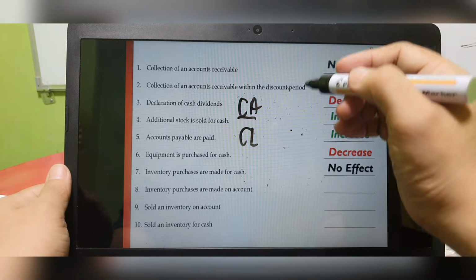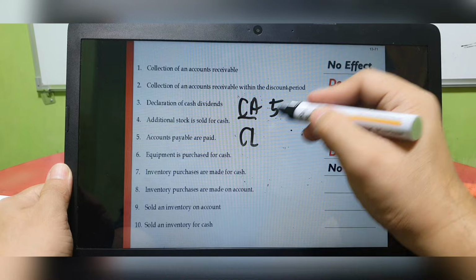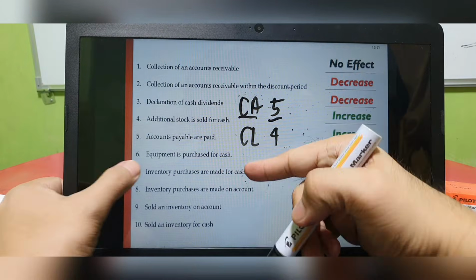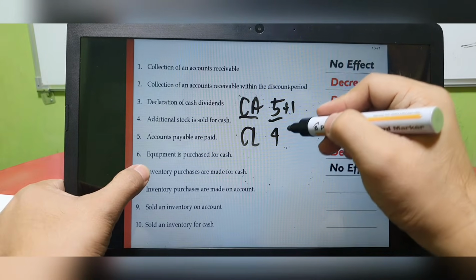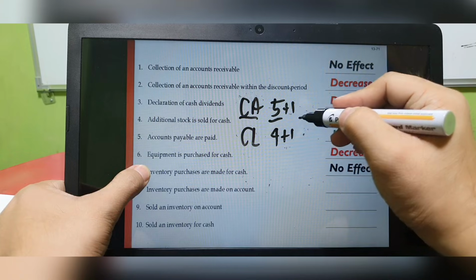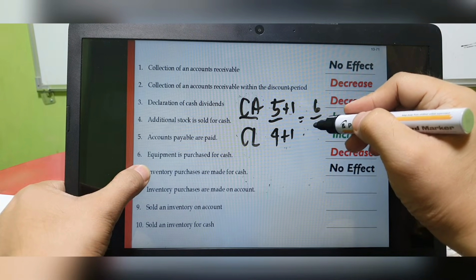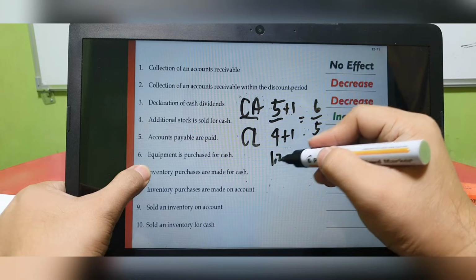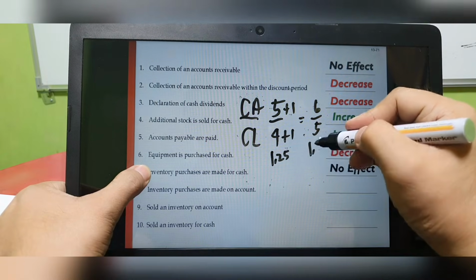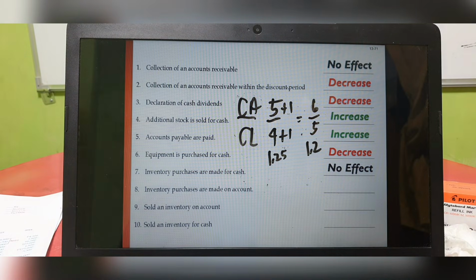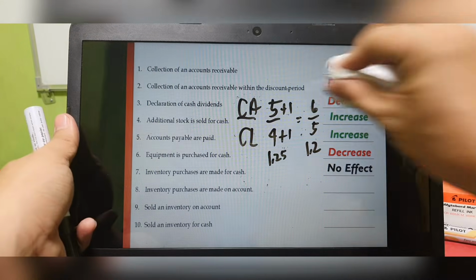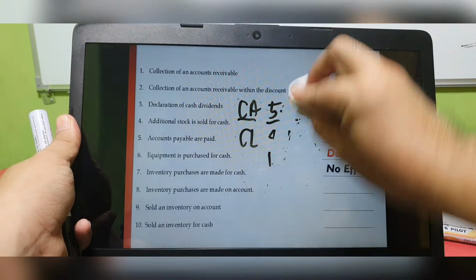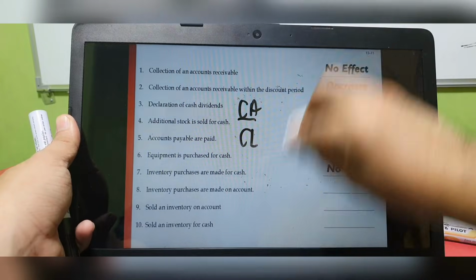No effect? Let's check. 5/4 again. Inventory was added, payable was added. So it became 6/5. It used to be 1.25, it became 1.2. So our answer in number 8 is decrease. Okay? Decrease.